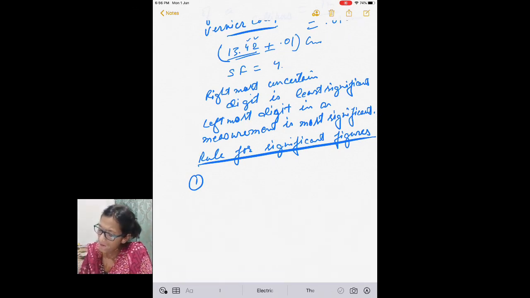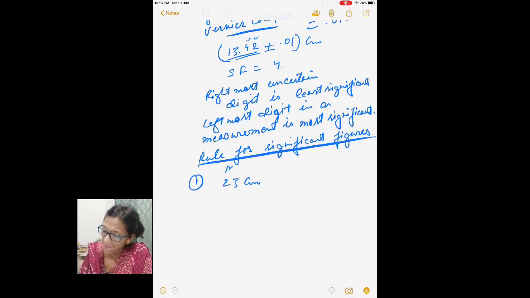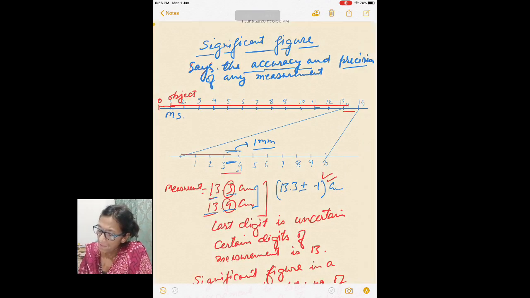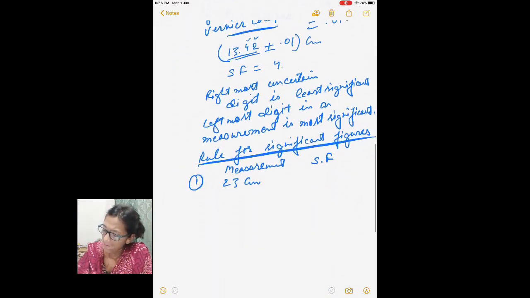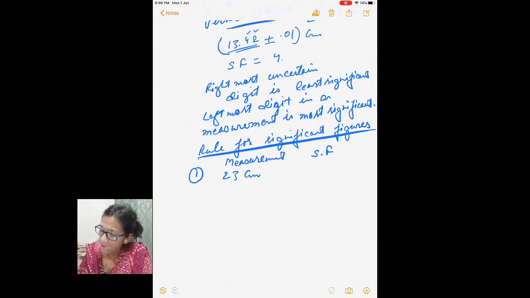Suppose you have a measurement of 23 centimeter. Here you have significant figures: the number of digits in this measurement is 2. 1 plus 1, 2. So the significant figure is equal to 2.